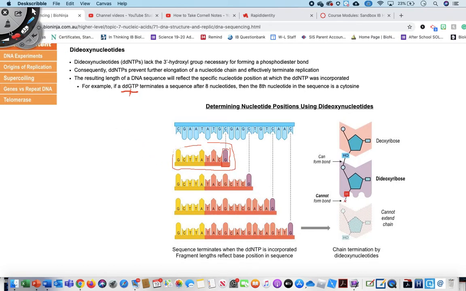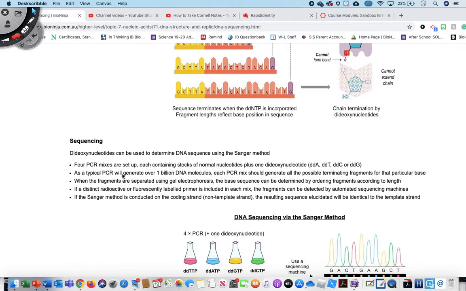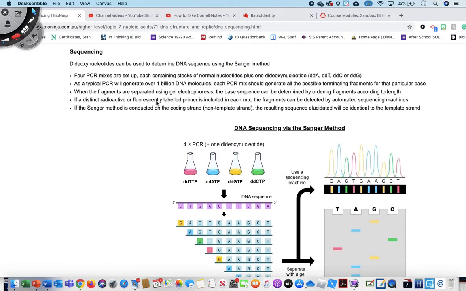This still might not make a lot of sense until we move further to this next picture. These ddNTPs can be used for sequencing, and we call this DNA sequencing method the Sanger method, named after Frederick Sanger, who developed it, and it started to be used back in the 1970s.